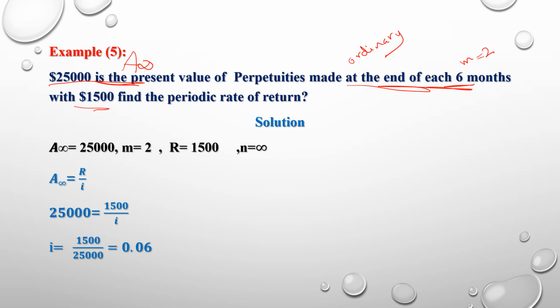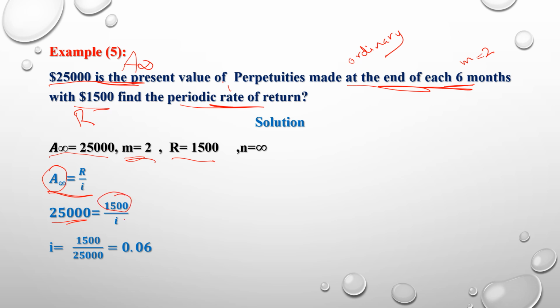With $1,500, so this is R, and he's asking about the periodic rate of return, which is I. So we already have A infinity, M equals 2, R equals 1,500, and N equals infinity. And as this is an ordinary perpetuity, A infinity equals R over I. And we have the value of A infinity, which is $25,000, and the value of R equals 1,500.